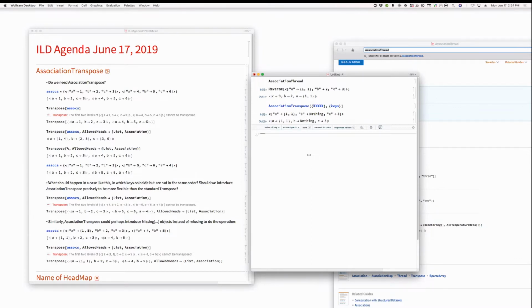But doesn't association have evaluation anyway? It does the first time. So when it was constructed, it could remove them. Perhaps what we could do here is to distinguish rule from rule delayed, and not remove it when it's rule delayed. Exactly. That's exactly what I would do.